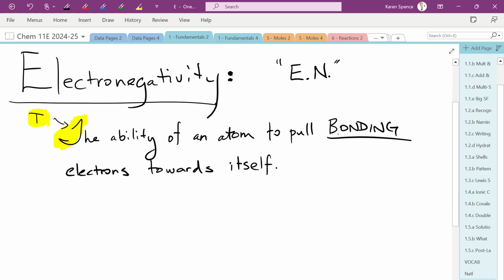So we're going to take a look at this in some context. Okay, so we have oxygen is very electronegative. Tell your partner what that means if it is very electronegative.